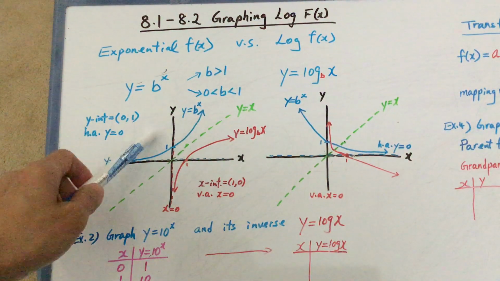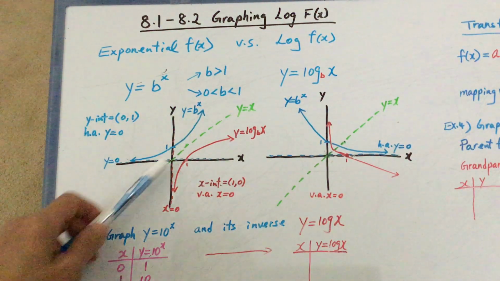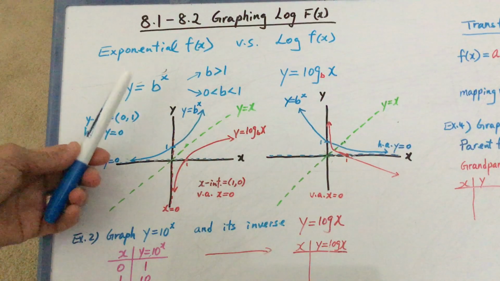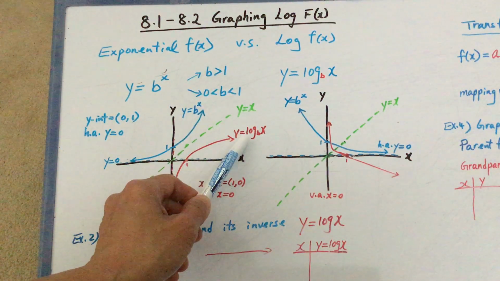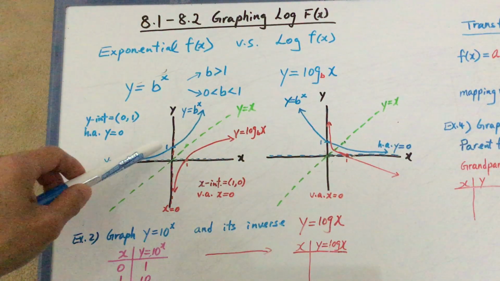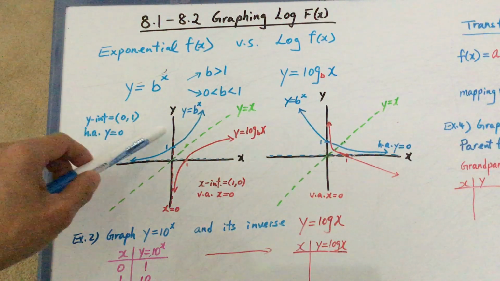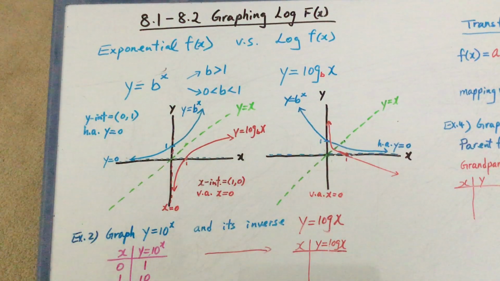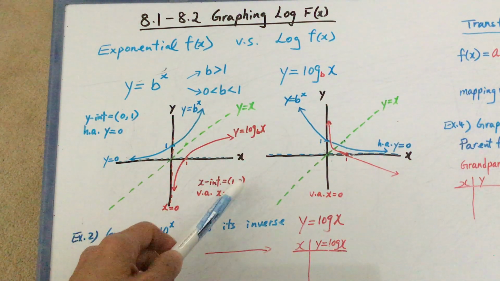The exponential function is the same thing. So this is my exponential function. If this is my mirror line, when I reflect this over, then this one will be the log function of that. And a simple, quick way of looking at that is when you have a y-intercept of (0, 1) from the exponential, that means I must have the x-intercept at (1, 0).